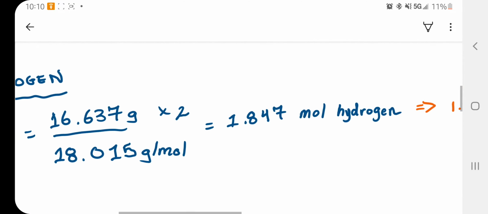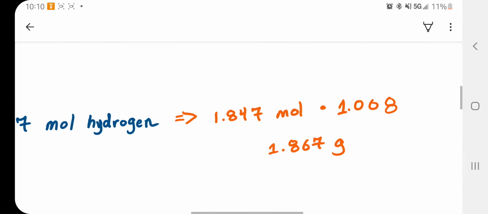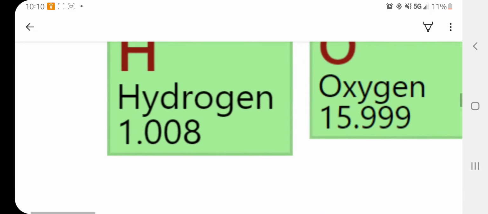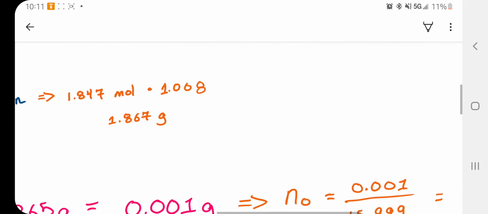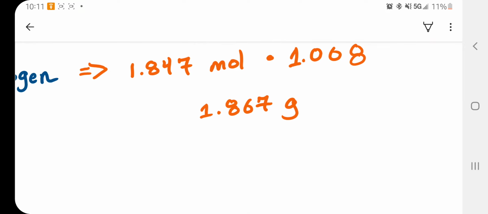We'll do this for hydrogen as well. So we'll take the 1.847 and multiply it by 1.008 in order to get 1.867 grams.